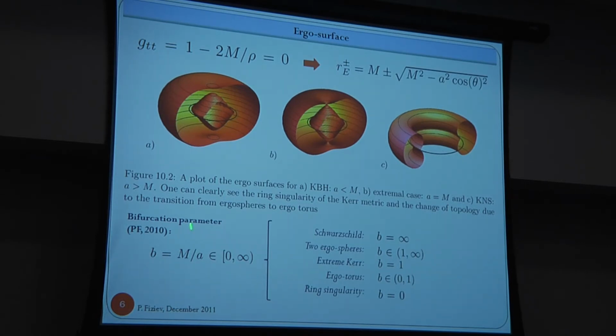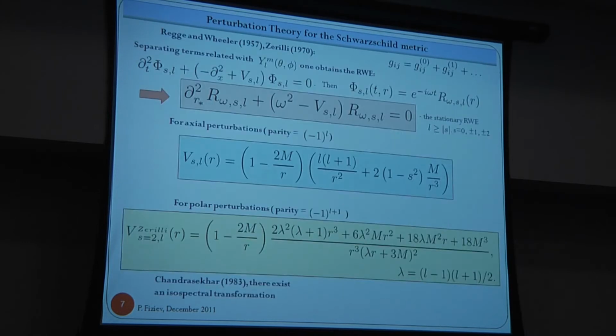And for A smaller than M, this is the usual black hole case, we have this picture. And for the opposite one, we have naked singularity, but in this case, instead of a surface which is topologically equivalent to the sphere, we have a torus for ergo surface. So we can consider all these cases together, and we will see what will happen when we start to construct quasi-normal modes.